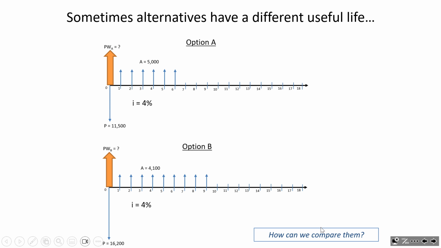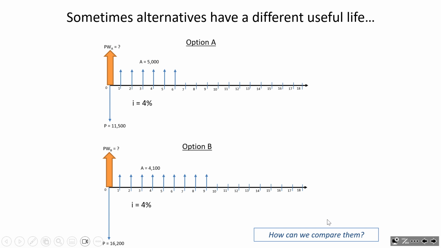So LCM, which is the topic of today's class, least common multiple. It's a method that says, what we could do to make the study periods the same is just buy option A 2 more times, and then it would cover an 18-year period. And then we could repeat option B twice, and it would cover an 18-year period.